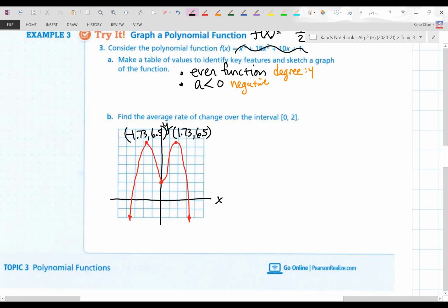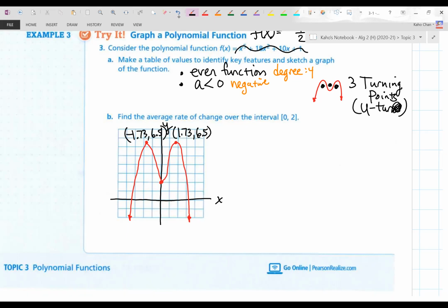Sometimes they have a lot of turns. So we know it opens down. I wanted to point out the relationship between the number of turns and the degree of the polynomial. There's 1, 2, and 3 turns there. They're called turning points or U-turns, depending on which book you're on.